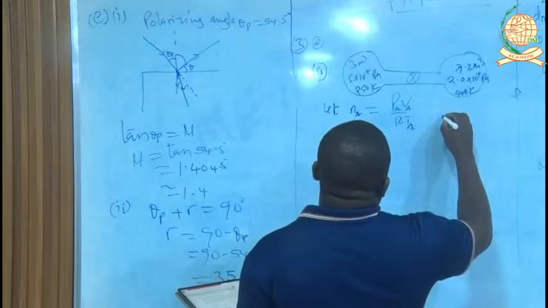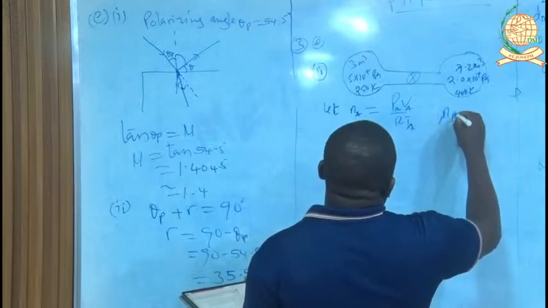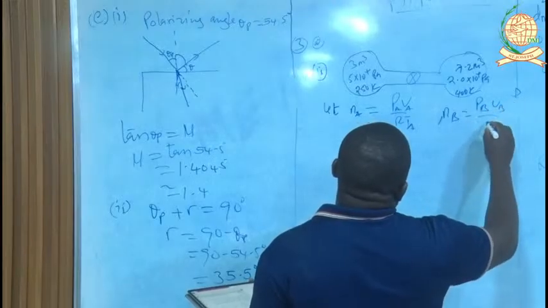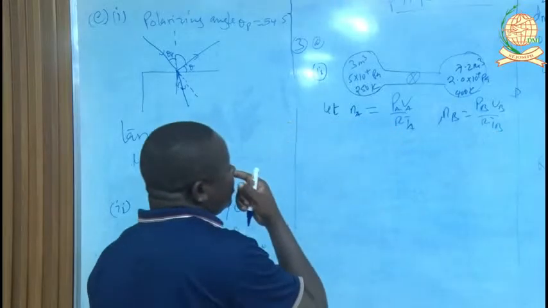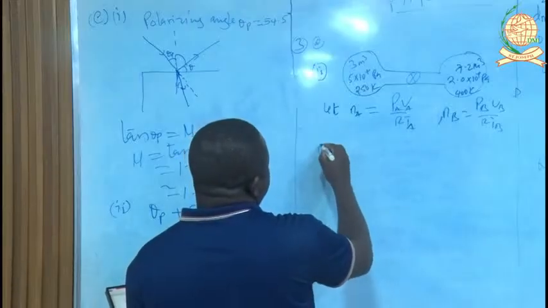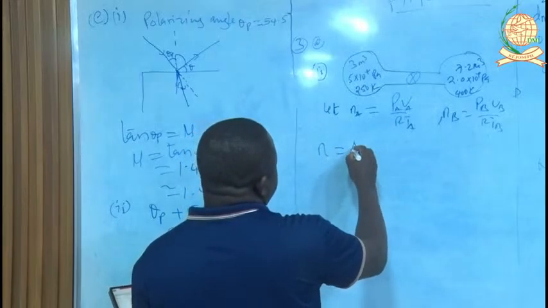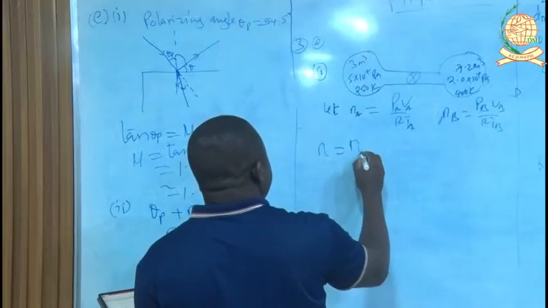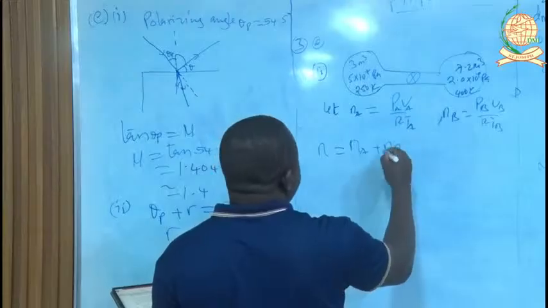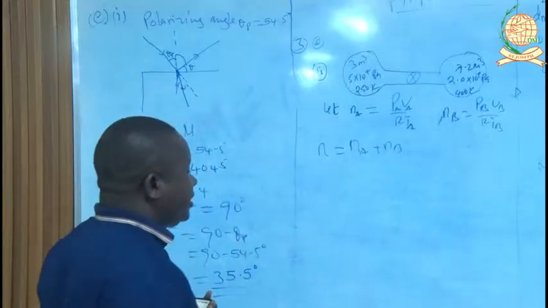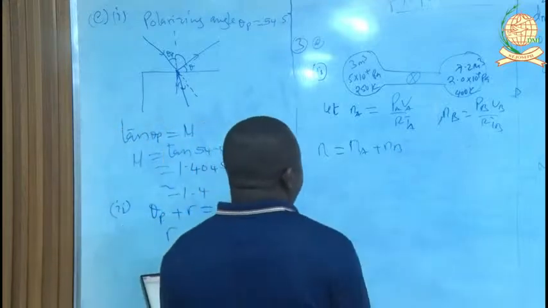And this N_B is equal to P_B V_B over R T_B. You can calculate these numbers of moles and finally get the total number of moles in the system. It is N_A plus N_B. You get the answer. The first case, this is before opening.